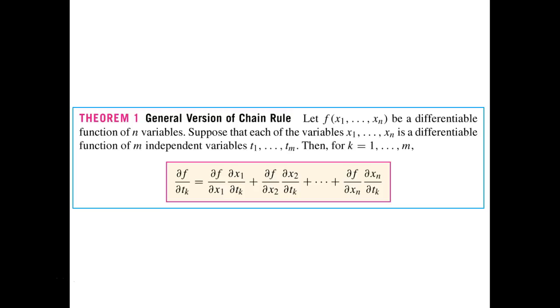Notice your f goes to these functions, the partial with respect to each one, and then for that function, you take the partial with respect to the tk that you're going for. Okay? So I don't think there was a huge jump between where we were and here. Really can't tell that much why they had the middle of the page occupied with stuff, but we'll maybe see it in a bit. Okay?